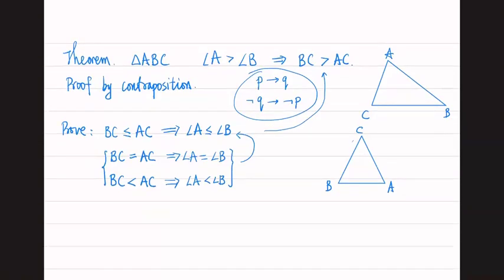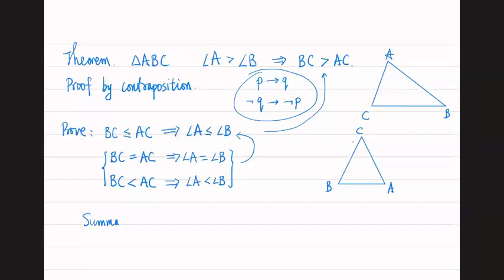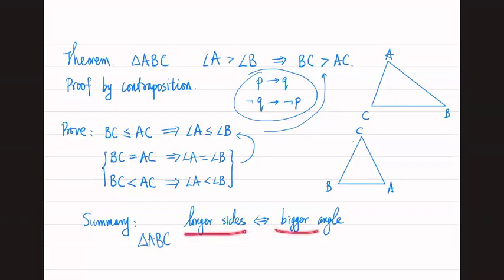Okay, so now if we put them together, summary. In a triangle ABC, the longer sides always face the bigger angles.